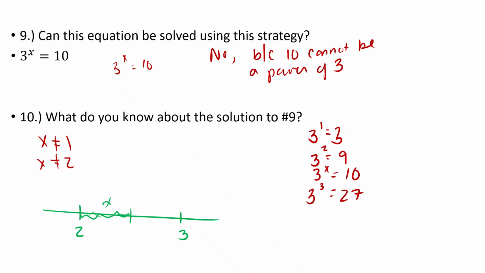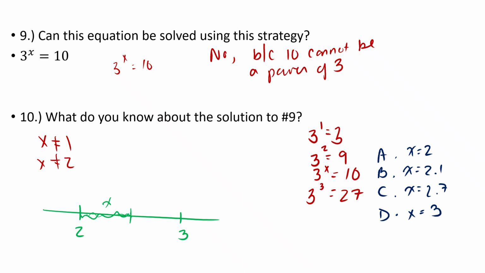And the point of this is to empower students to recognize that just because you do not know how to solve an equation does not mean that you are helpless at knowing some things about it. I'll say this, if this were a multiple choice question and these were your answer choices, okay, which one would you pick?